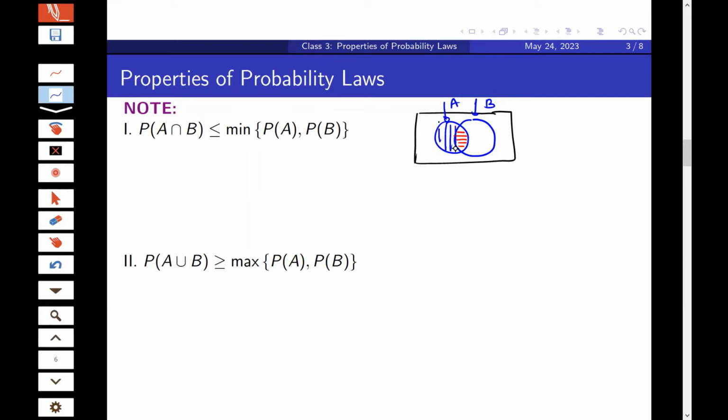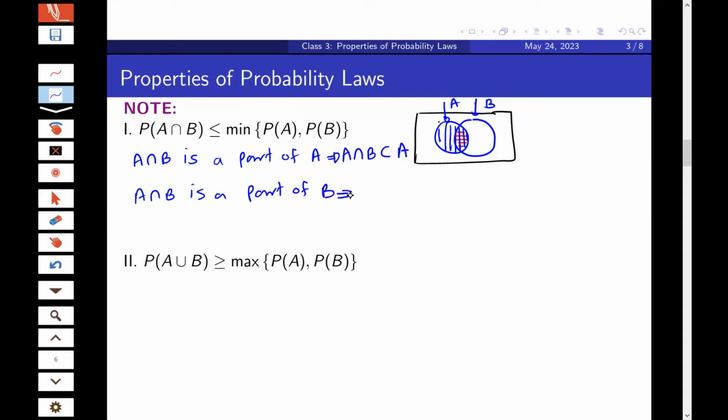This is my A. Can you see? A intersection B is a part of A. That implies A intersection B is a subset of A. Similarly, we can say A intersection B is a part of B. This implies A intersection B is a subset of B as well.